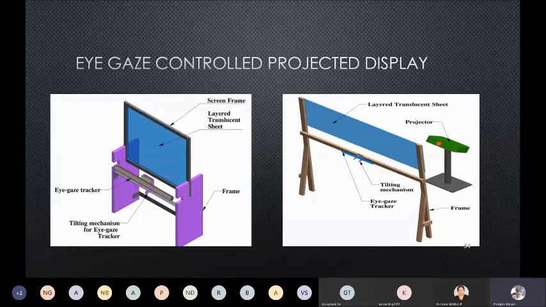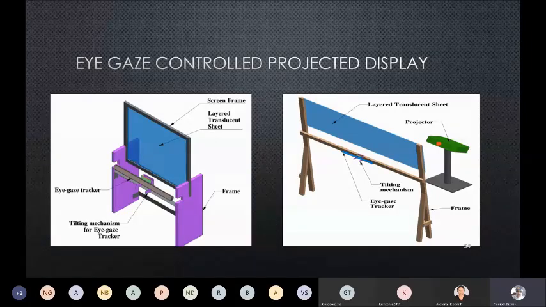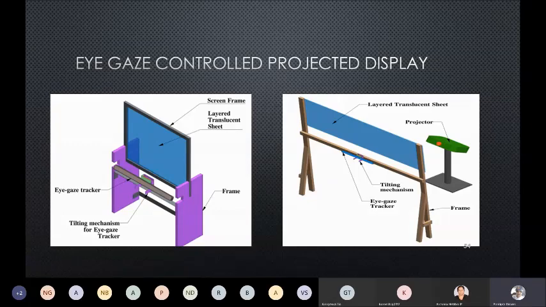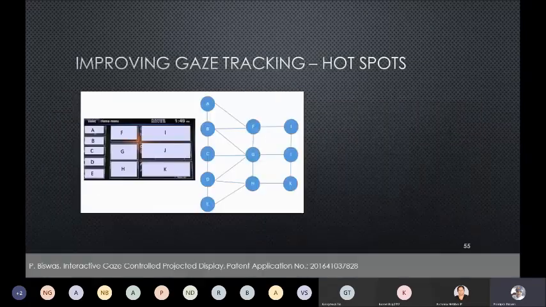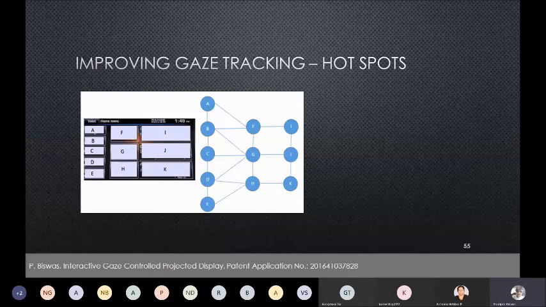It's just a semi-transparent sheet through which you can see, and we use a projector to reflect computer screen output onto this semi-transparent sheet, and we put an eye tracker below by which we can track eye gaze. And our idea was that you need not take your eyes off, but the display from below your eyes will come in front of you, and you can operate this display either by looking or through virtual touch.